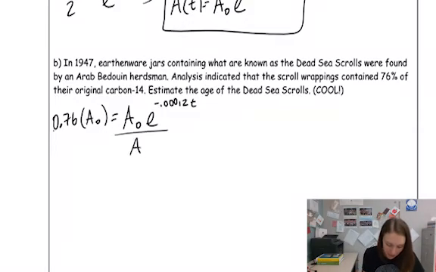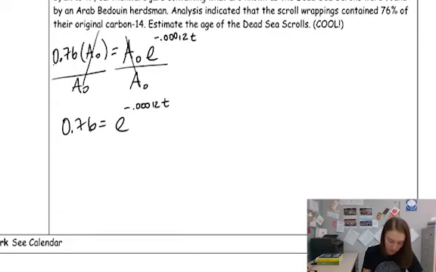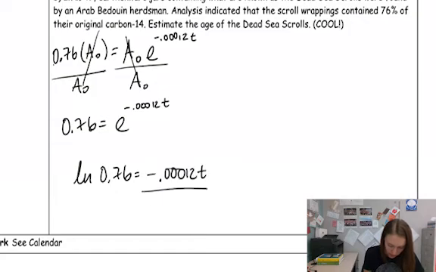So our first step, again, is to divide by A sub 0. Those end up canceling. 0.76 equals e to this number, t. Now change it to log form. So the ln of 0.76 equals negative 0.00012 t.